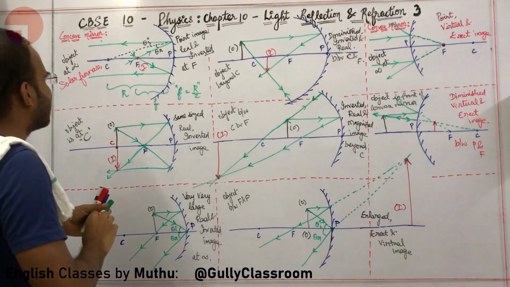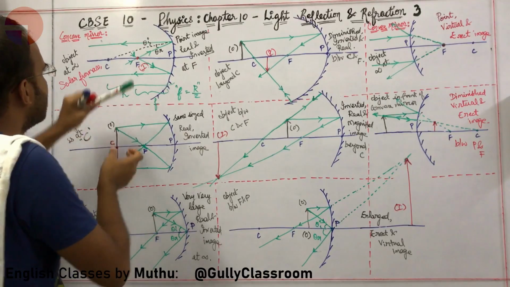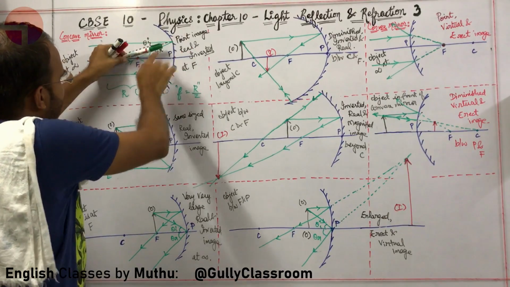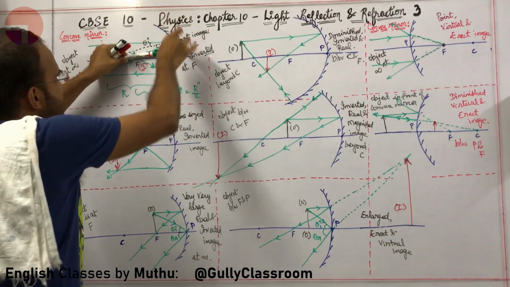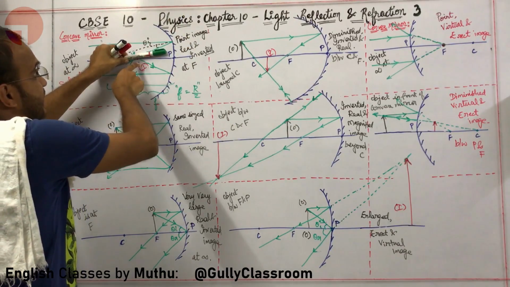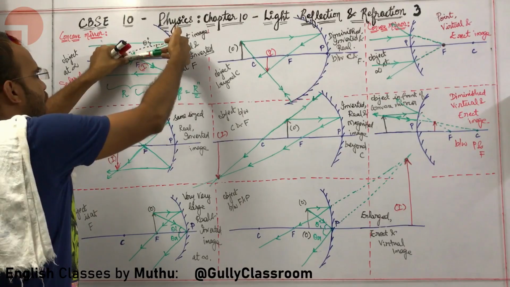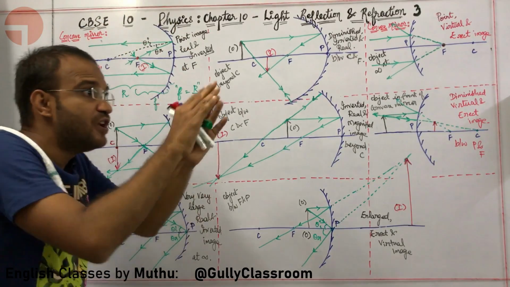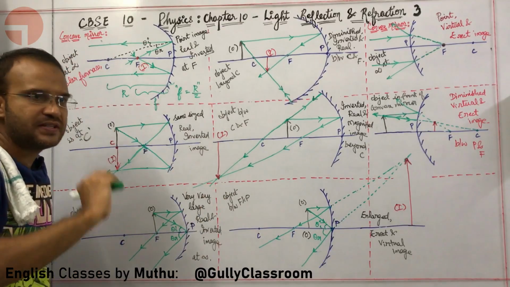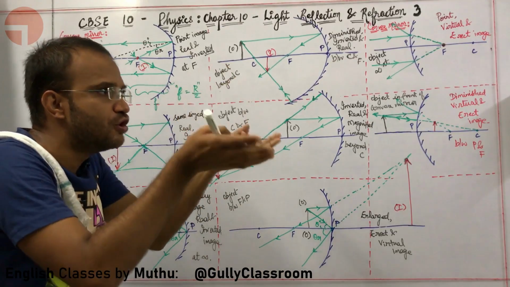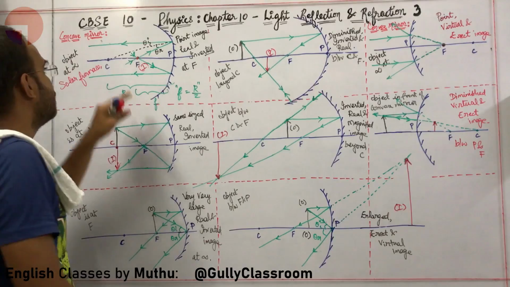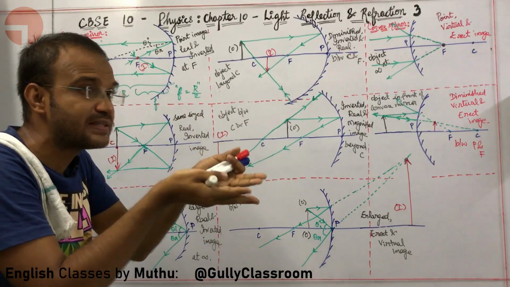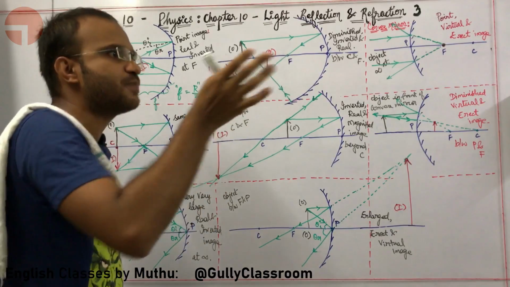Let us say right now I am going to draw a torch over here. This torch will send a lot of light from F towards the concave mirror. Because the light rays are going from F, they will automatically become parallel, and these parallel beams will be more cohesive, more focused towards a particular region. If I am using a torch light in a dark room, I am able to see only the place where the torch light is sending its parallel beam.